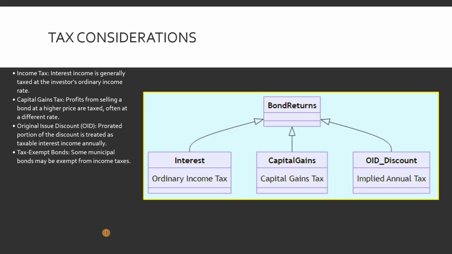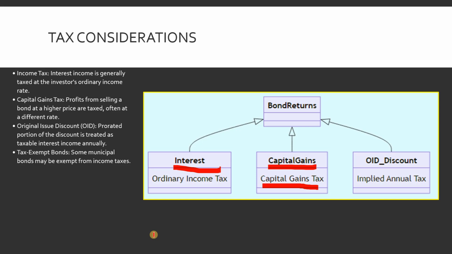So there are different kinds of bond returns. If you are getting interest, it falls in the ordinary income tax bracket. If it is capital gains, then it is capital gains tax. And OID discount, like zero coupon bonds, means your actual money you would get at the end of the 10-year or whatever the maturity duration. As shown in the diagram, on top you see the bond returns.